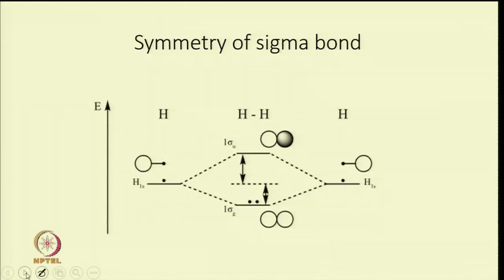Suppose we take the case of H2, where the 1s orbital combines with the 1s of the second hydrogen and gives you two orbitals, one with both lobes positive and one with positive and negative lobes. This is your anti-bonding and this is the bonding orbital. As I told you, this will have the label u and this will have g, and you have two different molecular orbitals, one known as 1 sigma g and another known as 1 sigma u.